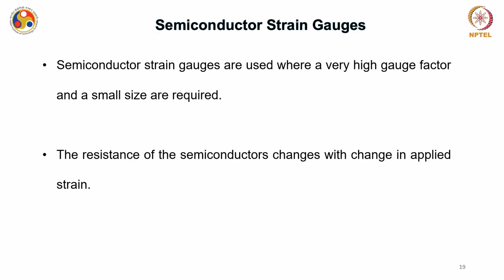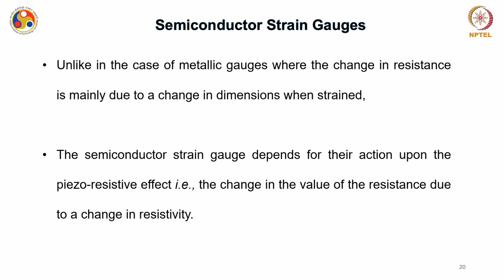The resistance of a semiconductor changes with the change in applied strain, and unlike a metallic gauge, where the change in resistance is mainly due to the change in dimensions when strained, the semiconductor strain gauge depends for its action a lot upon the piezo-resistive effect. This means the change in resistance is due not only to the change in length and area, but heavily depends on the change in the resistivity of the material.